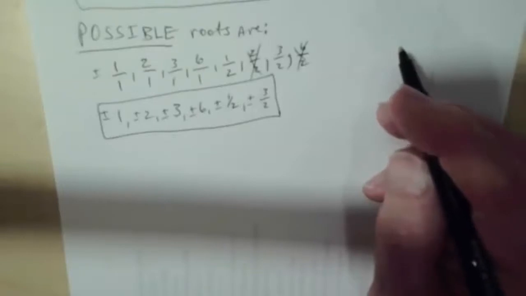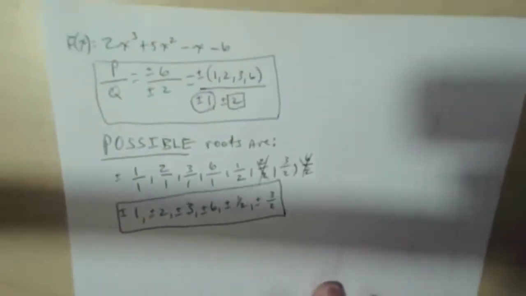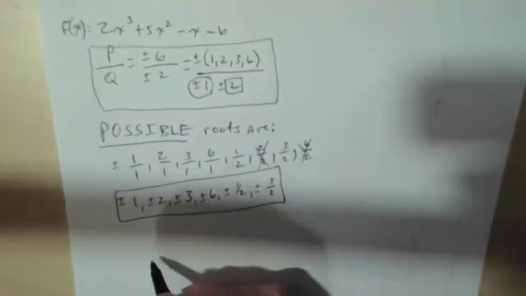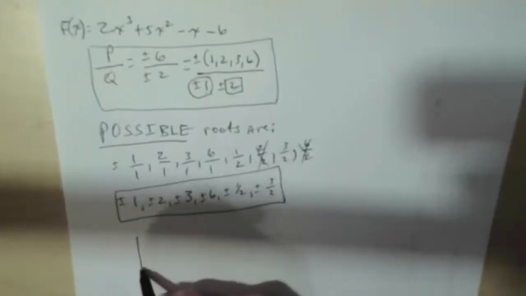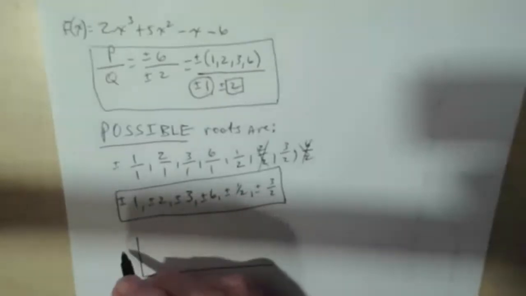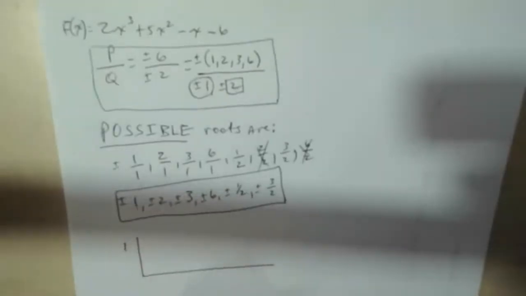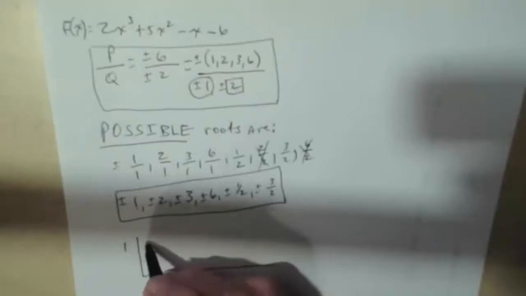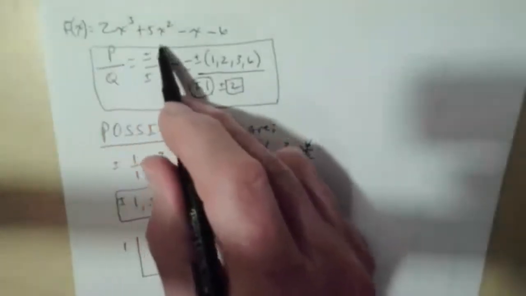Okay, so what do we have here? First we're going to take 1 as the divisor, and we're going to take the coefficients of all these.